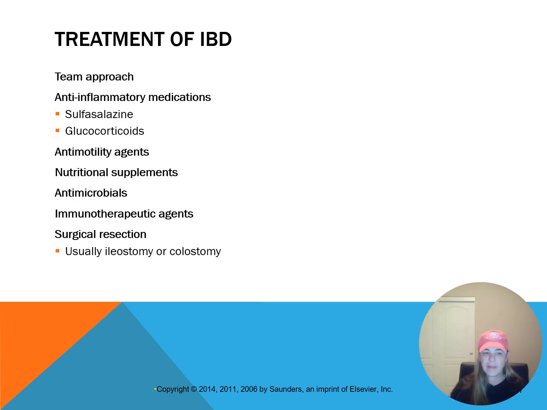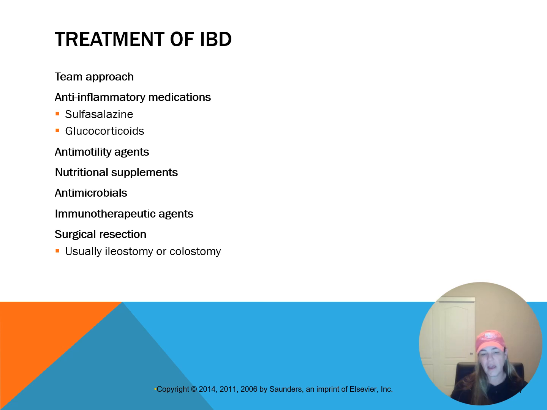Treatment of inflammatory bowel disease can include anti-inflammatory medications, steroids, anti-motility agents to slow down motility, nutritional supplements, antimicrobials, and immunotherapeutic agents, which are the biologic agents I mentioned. There are several different ones these days.